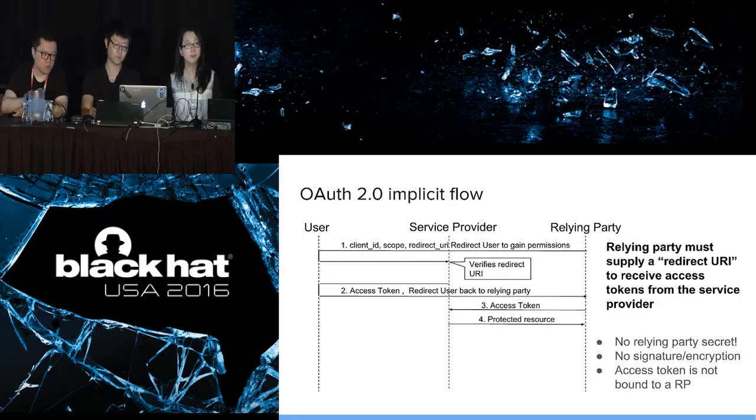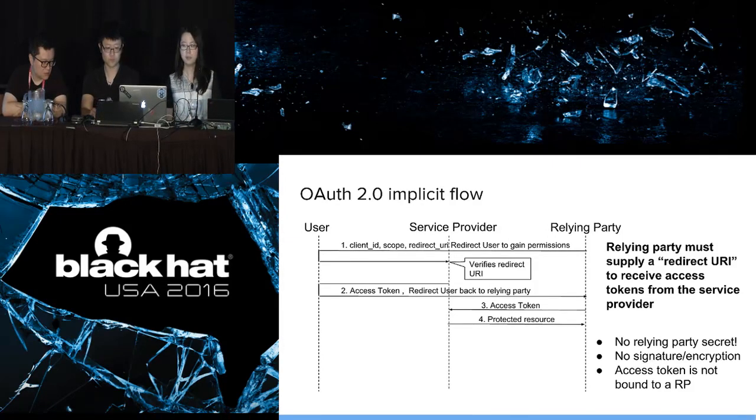To summarize, there are mainly three differences from previous protocols. First, there's no relying party secret. That's nice. Developers don't have to worry about how to protect the secret. Second, there's no signature or encryption, so developers don't have to go through the burden of dealing with this crypto stuff.